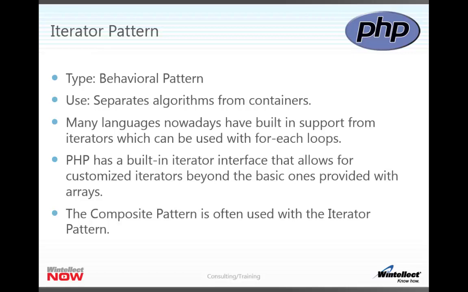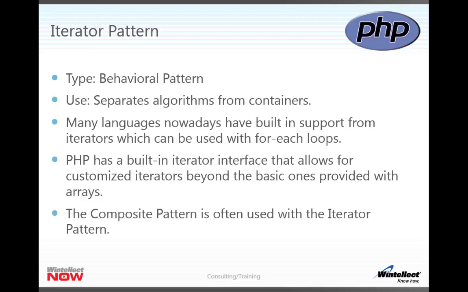Now, the purpose of iterators is to separate algorithms from containers. The containers would be something like a composite object, where you have multiple sub-objects inside of that container object. Or in the case of a composite object, you have a tree. In a list you have just a straight list of objects, or arrays.